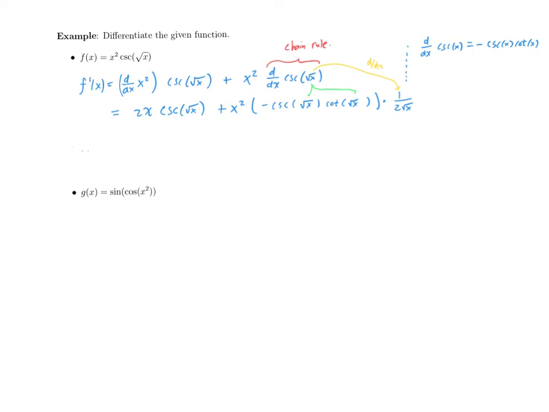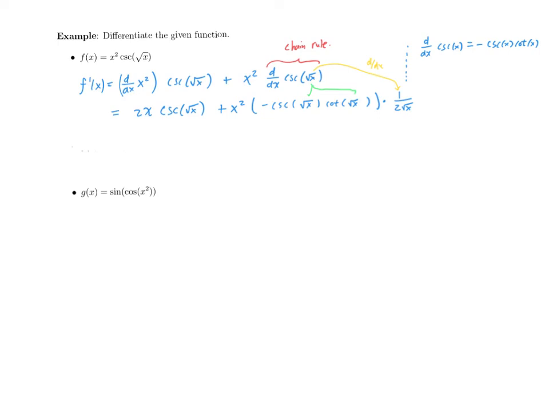In the second example, we have sine of cosine of x squared. So this requires us to not only use the chain rule, it requires us to use the chain rule twice. So maybe we'd say twice the fun.